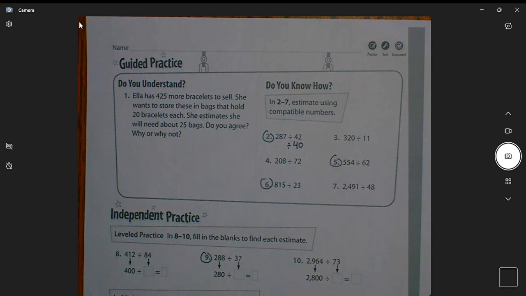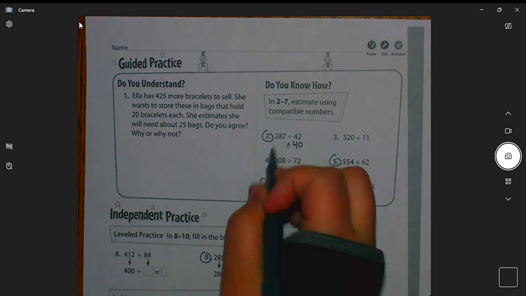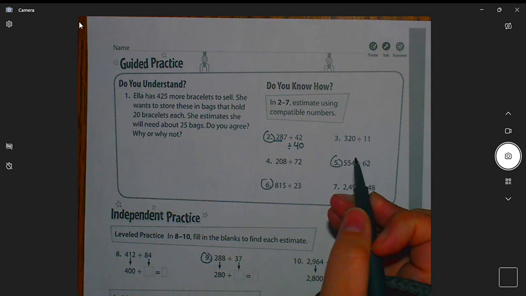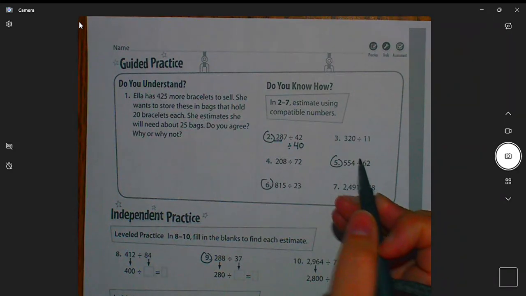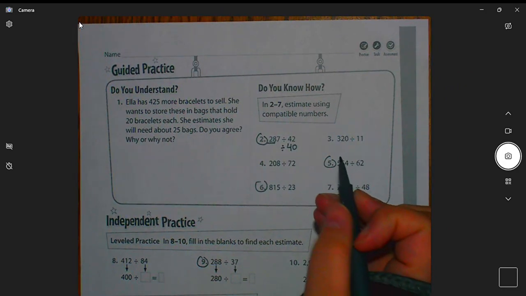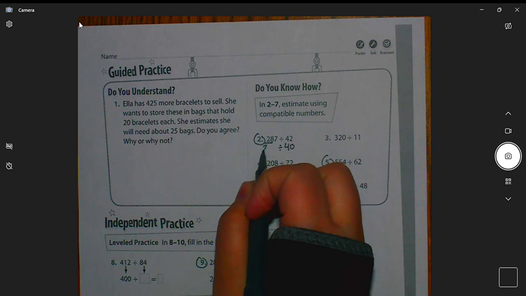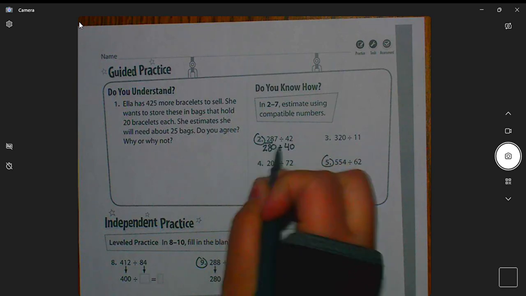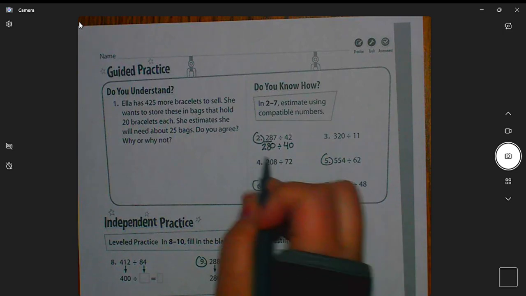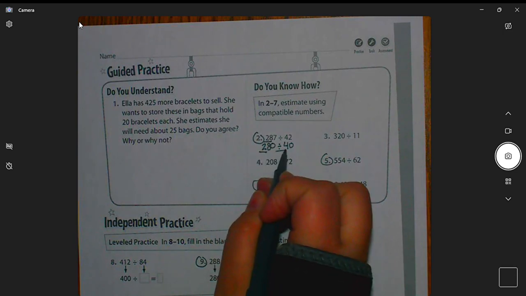What basic fact with 28 would I need to divide 40 by? Can it stay 28? Yeah, it can. So I'm going to say 280 divided by 40. Well, my basic fact is 28 divided by 4.